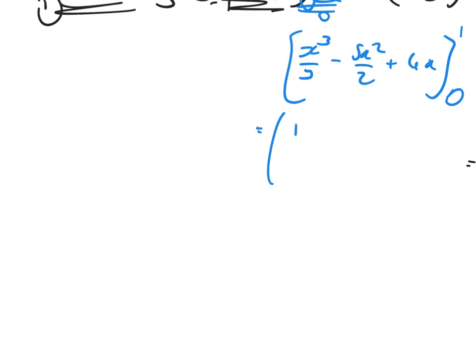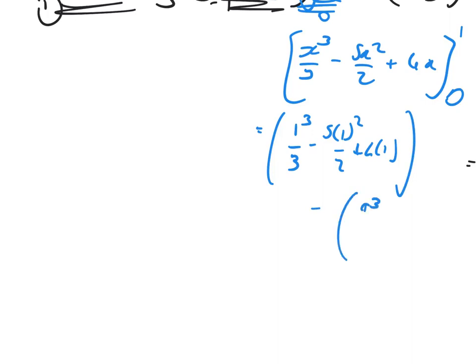Okay, so that will give me 1 cubed over 3 minus 5 lots of 1 squared over 2 plus 4 lots of 1, close the bracket, minus open up, 0 cubed over 3 minus 5 lots of 0 squared over 2 plus 4 lots of 0.